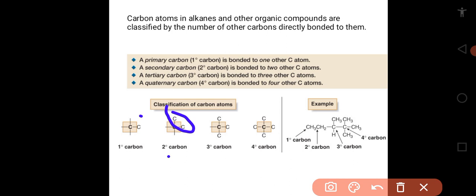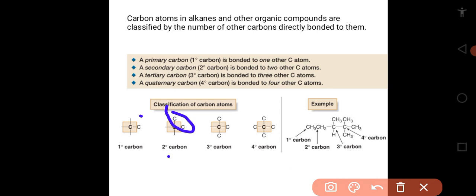So please always try to know the primary, secondary, tertiary, and quaternary carbon. Here is an example: we have a compound like this, in which the primary, secondary, tertiary, and quaternary carbons are described.